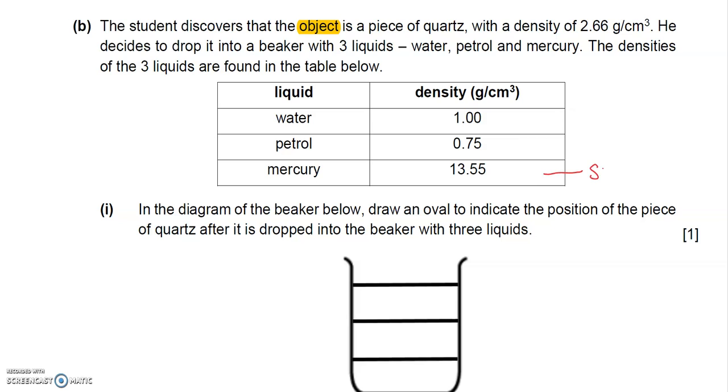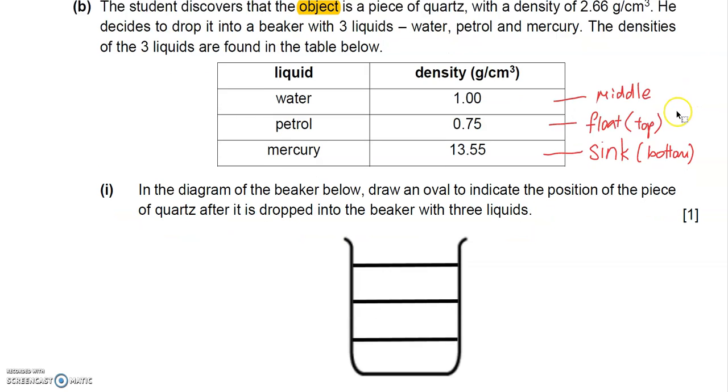The more dense an object is, it will sink, whereas the least dense, in this case petrol 0.75, will float. So it's the least dense, float. So this is the top layer. The one that sinks is the bottom layer, and water should be our middle layer because the density is in between petrol and mercury.